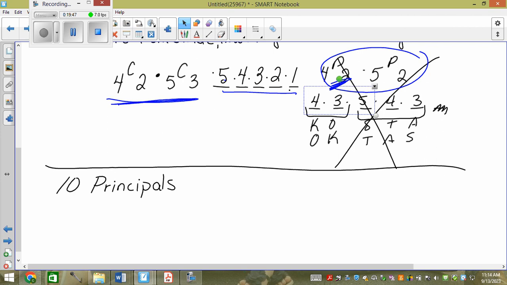Okay, we have 10 principals and we have 16 vice principals. Yep, in this school division, we have more, not in this school. Vice principals. Cool? Okay, we're forming a subcommittee of 2 principals and 4 vice principals.